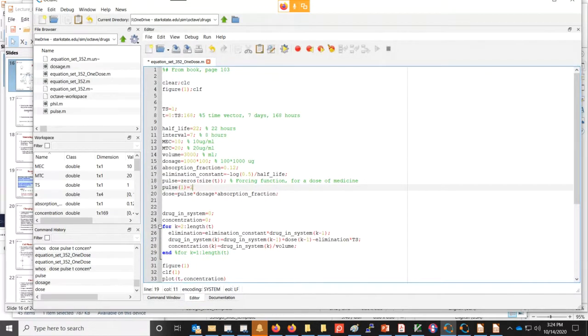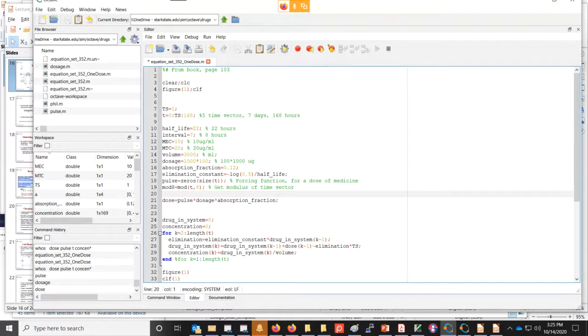So the pulse, what we're going to do here is mod 8 is equal to the modulus of t divided by 8. Okay. And then we're going to say, give me the indexes where mod 8 is equal to 0.